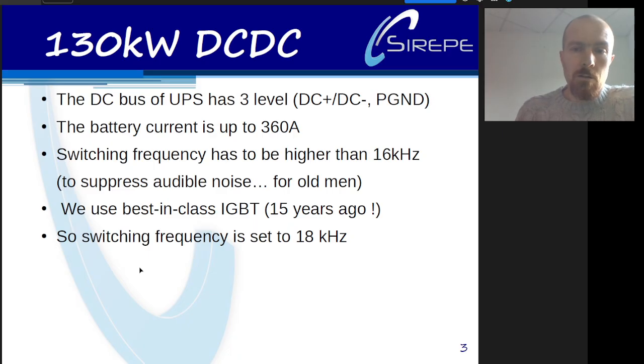But actually, it's old men by UPS. We use a best-in-class IGBT, but from 15 years ago. So the switching frequency is set to 18 kilohertz.